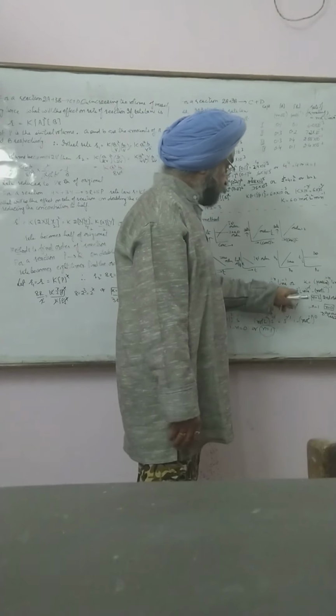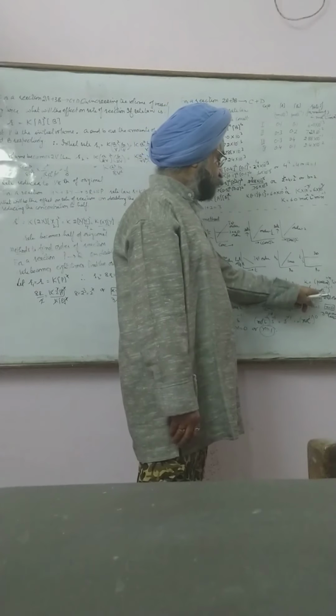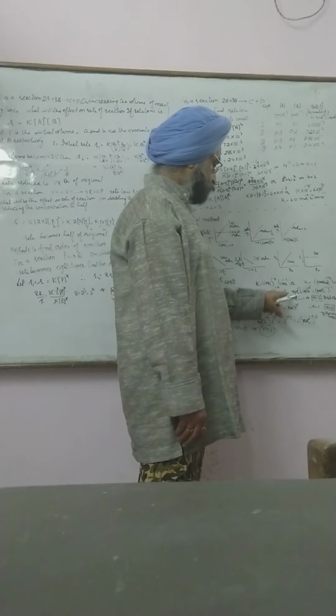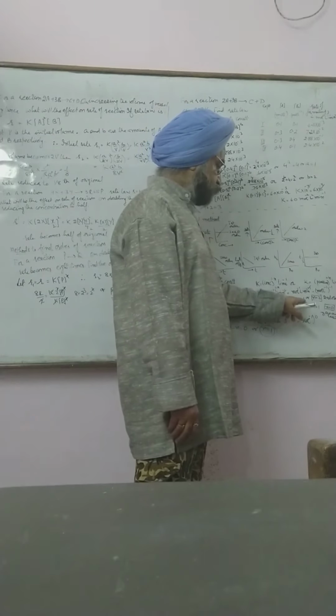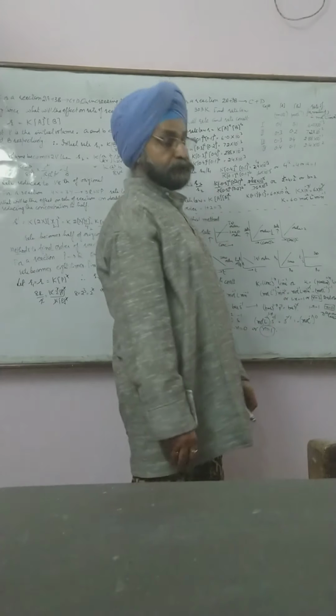There is mole per liter here, and per mole liter there. Per mole liter is equal to mole per liter power minus 1. Means 1 minus n is equal to minus 1, and n is equal to 2, so it is a second order reaction.